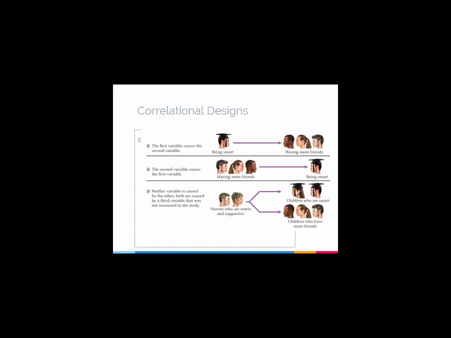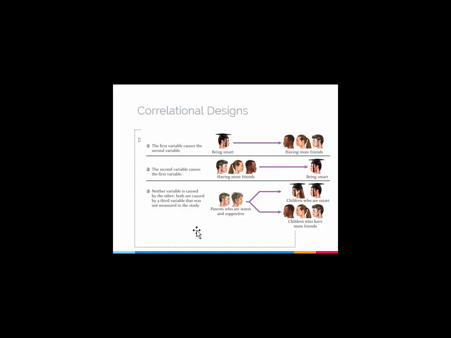Here's an example. Let's say we see there's a correlation between being smart and having more friends. This simply means that there's a relationship between intelligence and having friends. So, it could be that being smart causes you to have more friends, right here. It could be that having more friends causes you to be smarter.